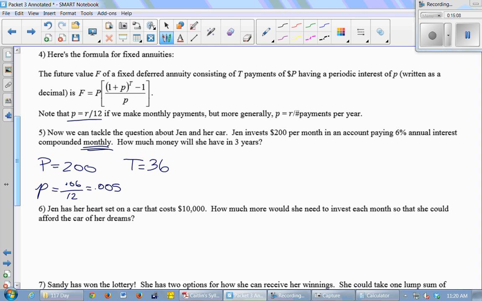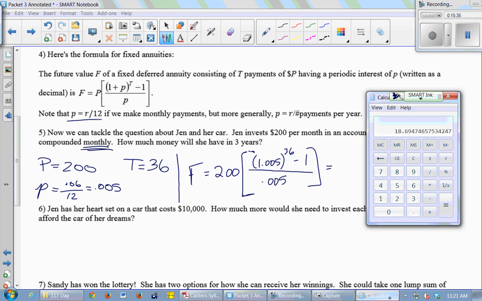All right, so now we have everything we need. We plug into this future value formula. $200 times 1 plus little p, that is 1.005, to the 36 minus 1, over 0.005.